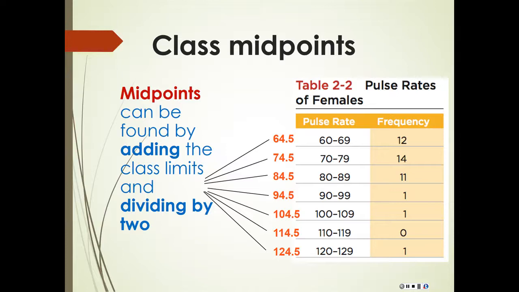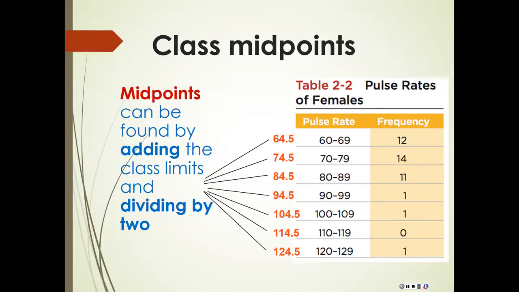And notice there was a total of 10 numbers in that first class. 60, 61, 62, 63, 64, 65, 66, 67, 68, 69. 10 total numbers. I know you look at that and think, oh, there's 9. No, there's actually 10. Okay?